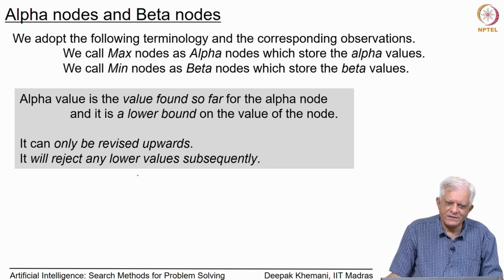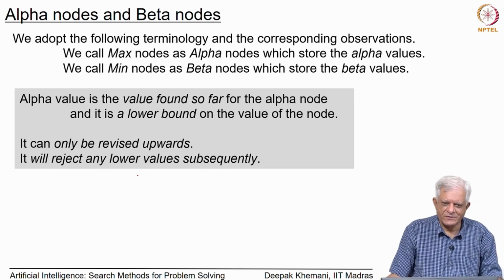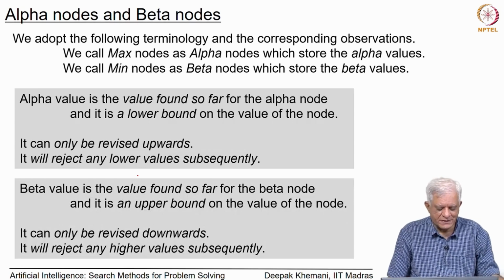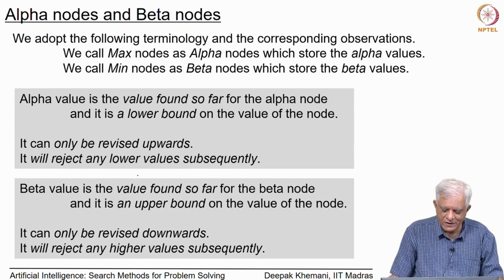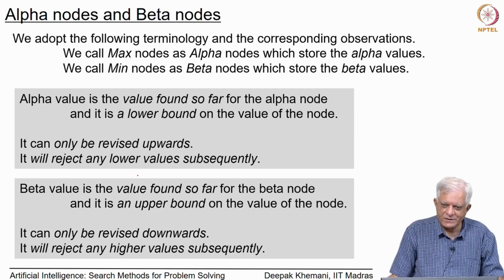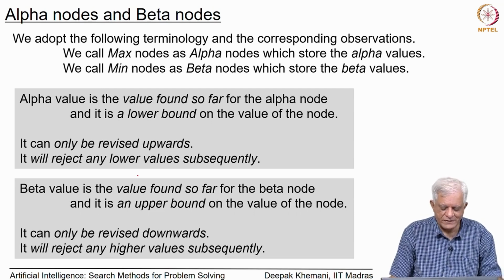So, once both of them have got one value, they can only look for better values. Better values in the case of max are higher values and in the case of min they are lower values. So, the situation for min is similar: the beta value is the value found so far for the beta node and it is an upper bound on the value of the node, because it is not going to go above that. It will only look for values which are smaller and it will reject any values which are higher subsequently.